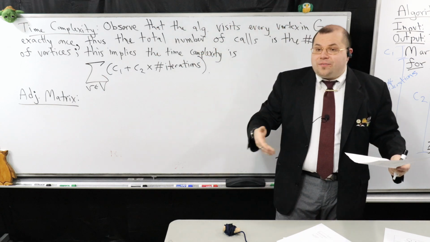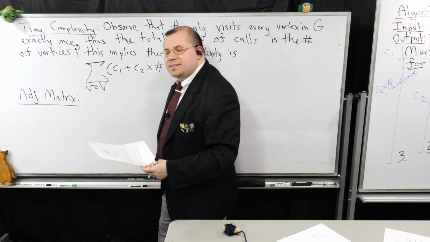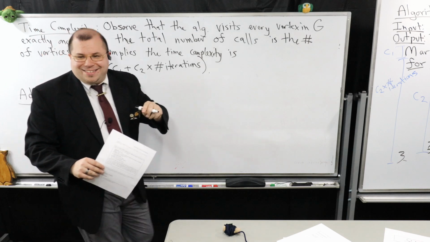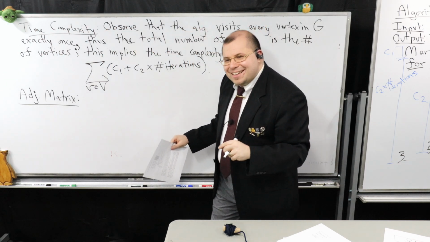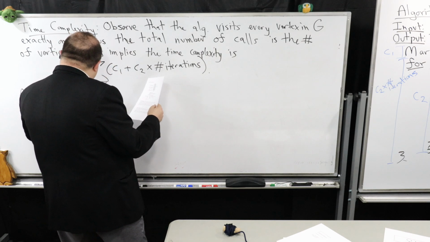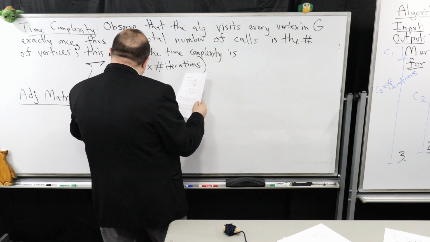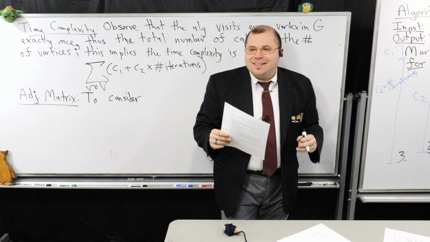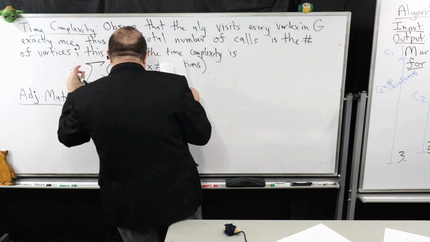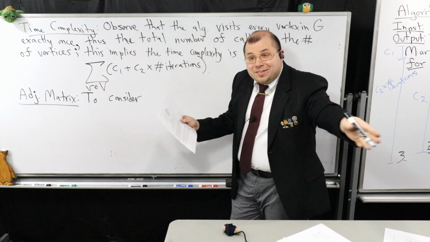If I give you a graph with n vertices, how long does it take to compute the incident edges? I asked you guys this last time. Does anybody remember? What was the time complexity of computing the incident edges?